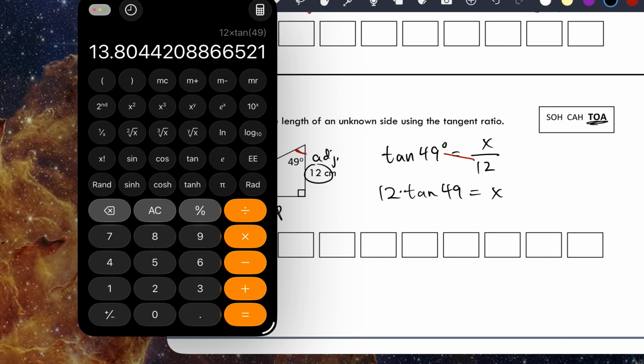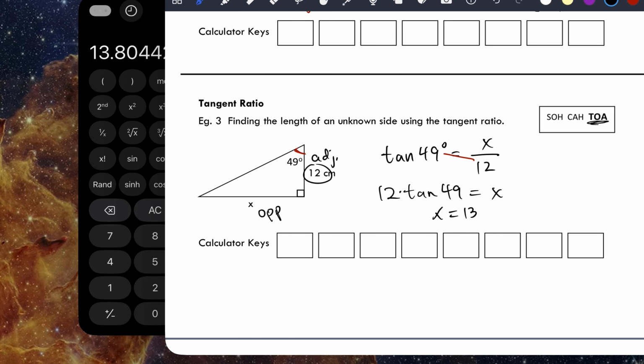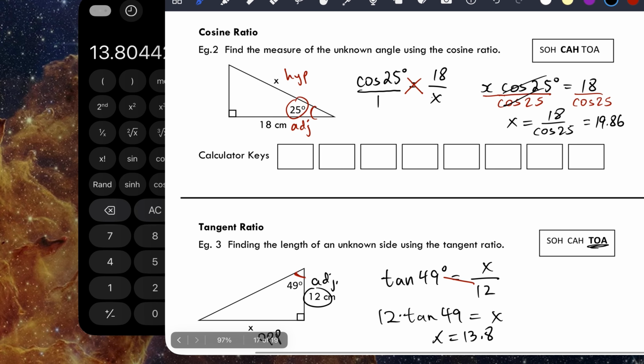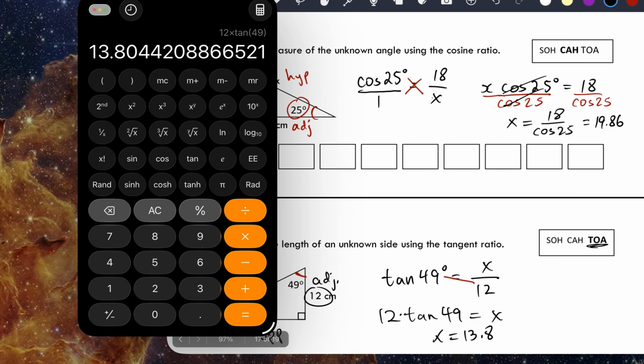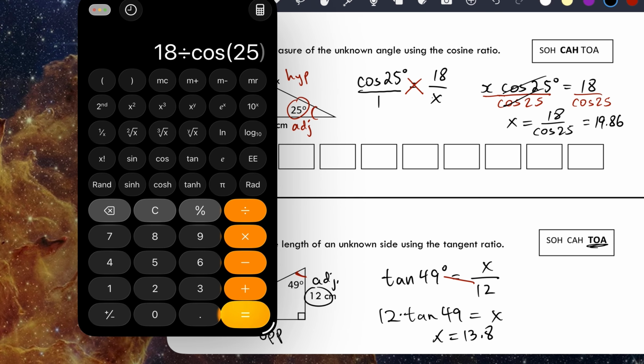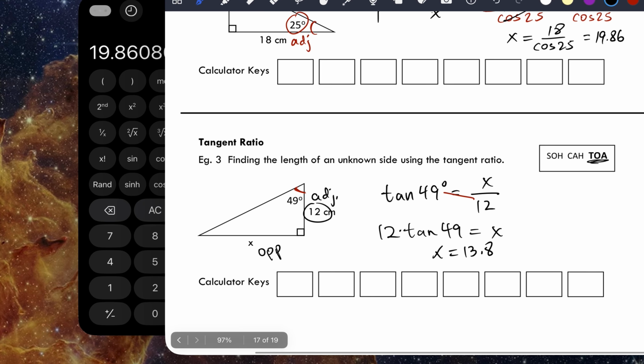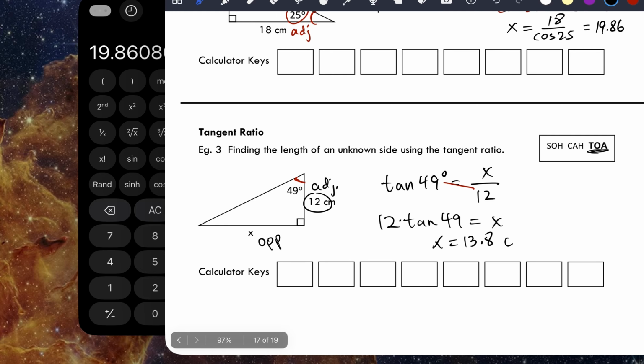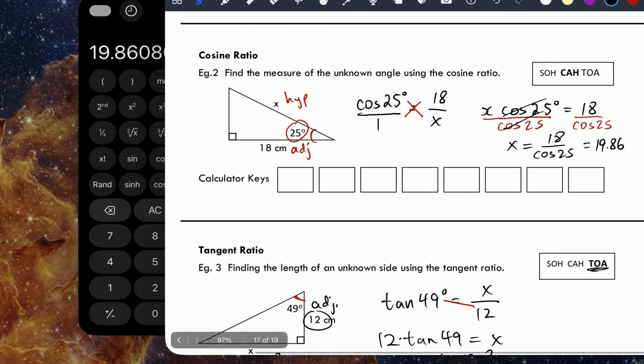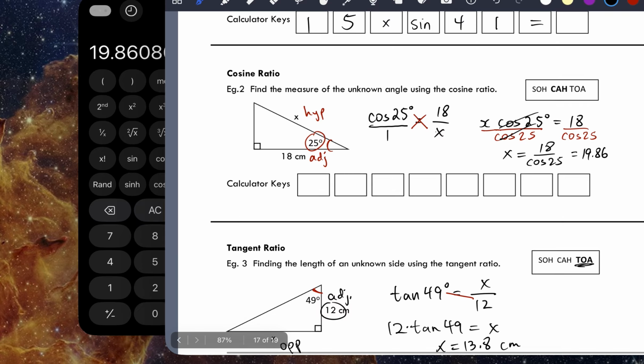We get 13.8. Just double check I did that correctly too. Yeah, that's fine. Okay. 13.8. And don't forget your units, centimeters. I forgot my units for the other examples. Let's put them in now.